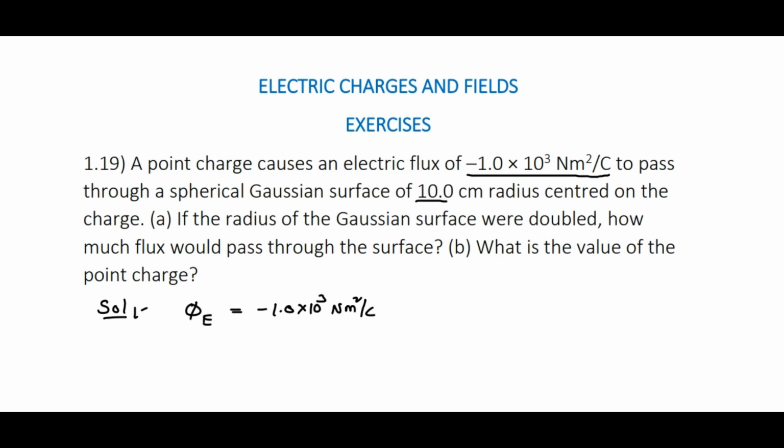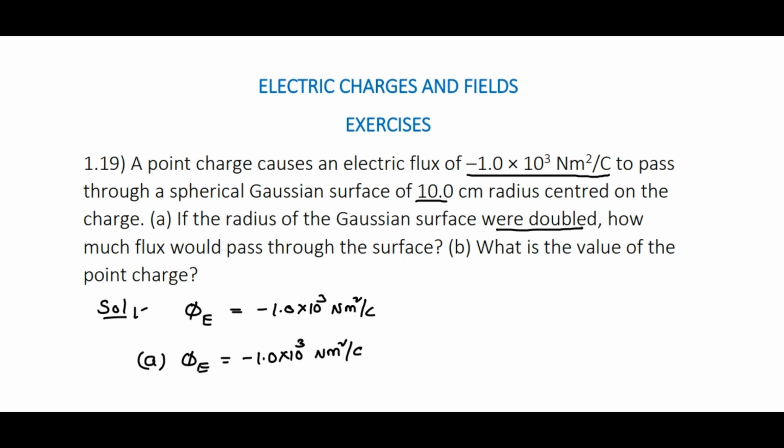What we need to calculate? If the radius of the Gaussian surface were doubled, what happened to the flux? So the flux will remain the same. The flux is equal to minus 1.0 into 10 power 3 Newton meter square per coulomb only.